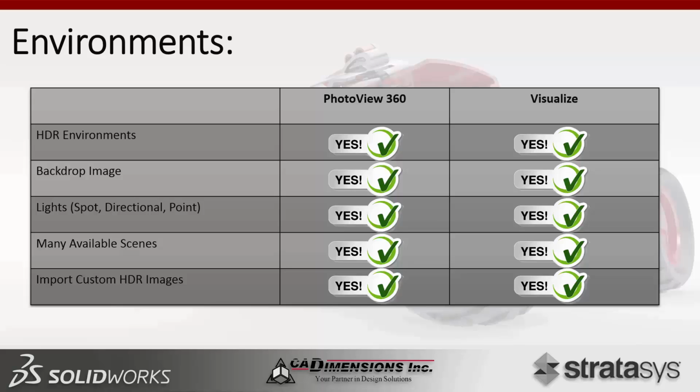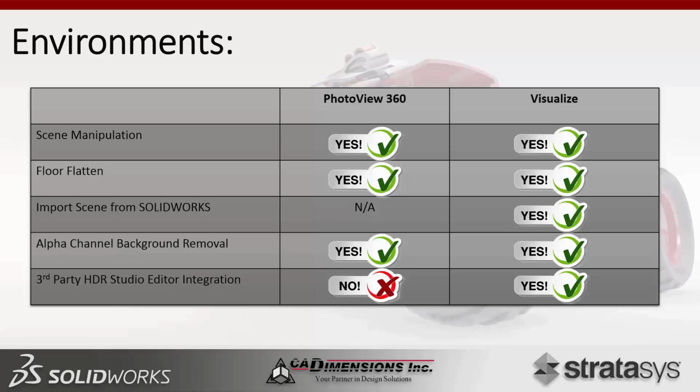They also both give you the ability to use your own custom HDR images, so you can bring in something you may have created yourself or downloaded from the web, and make use of that in both of these packages. So environments look fairly similar between the two of them in this set of criteria.